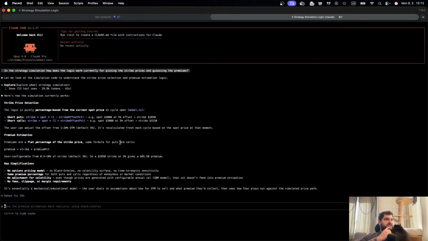The user can adjust the offset from 1 to 20% out of the money, default 5%. It's recalculated fresh each cycle based on the spot price at the moment. Okay, makes sense.